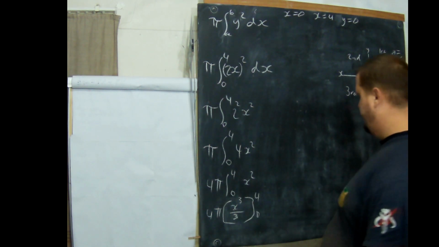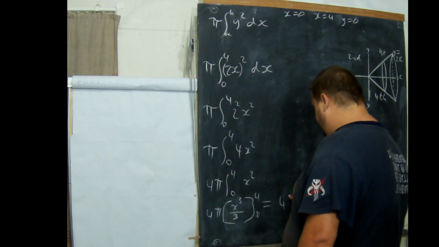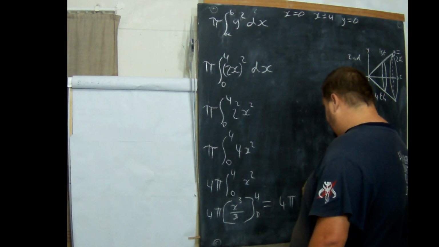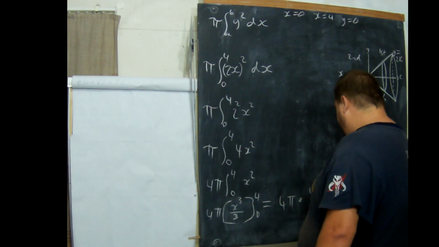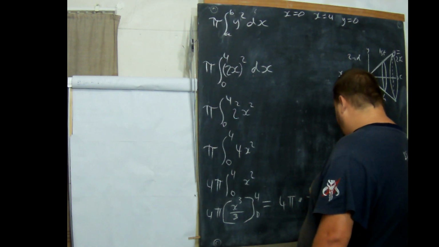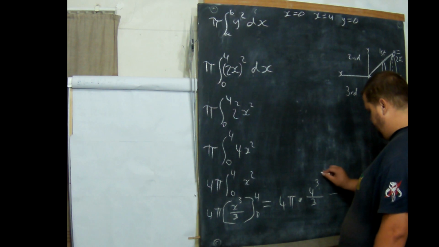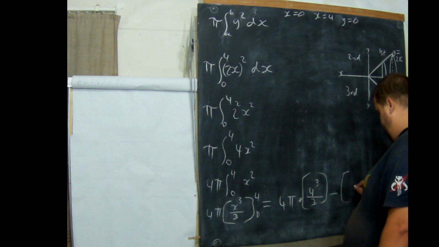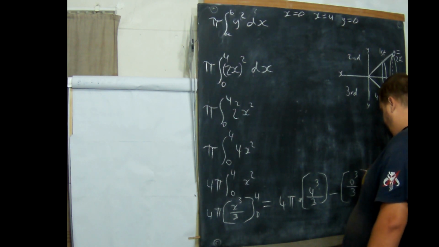Okay, so now what we're going to do is equal 4 pi times 4 cubed over 3 minus 0 cubed over 3.